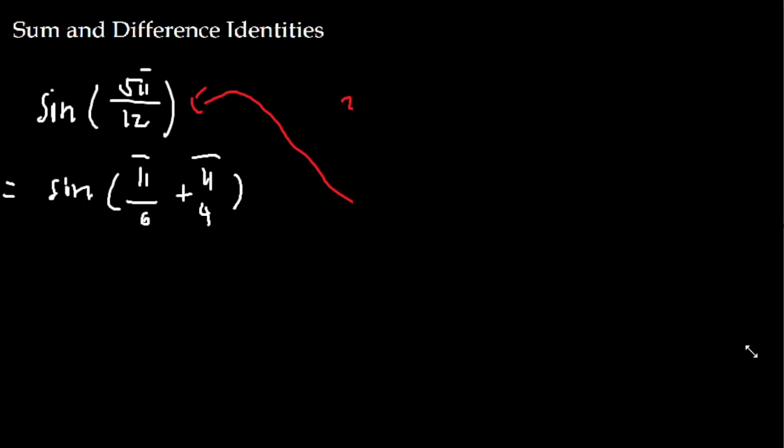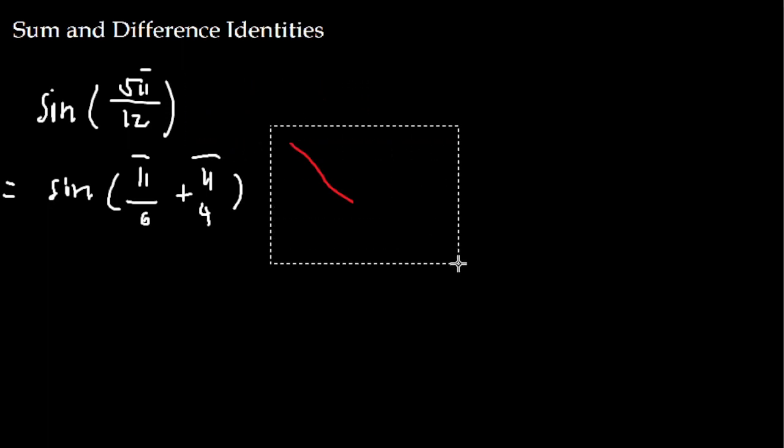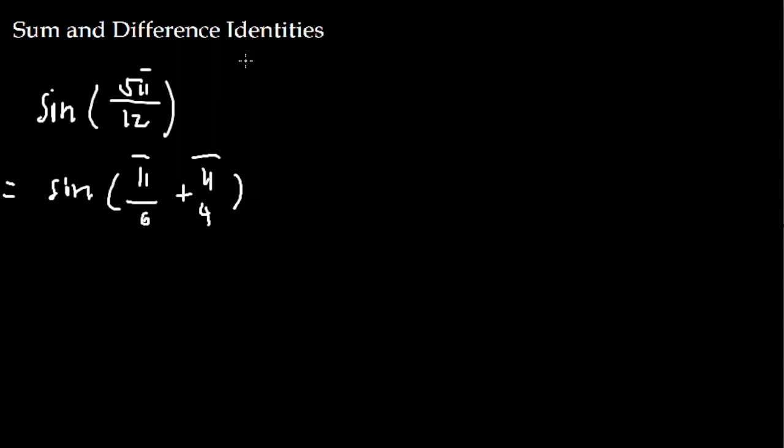Anyways, let us try to solve the sum identity for sine of 5 pi over 12. Now, hindi na ako magsosolve ng difference identity kasi nga, sabi natin kanina, the sum and difference identity, kahit anong gamitin mo, it will just spit out the same answer. Now, let us just use the sum identity for convenience na lang.